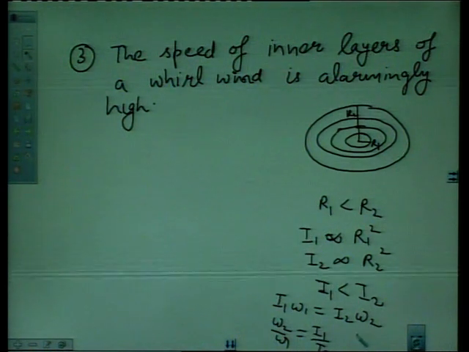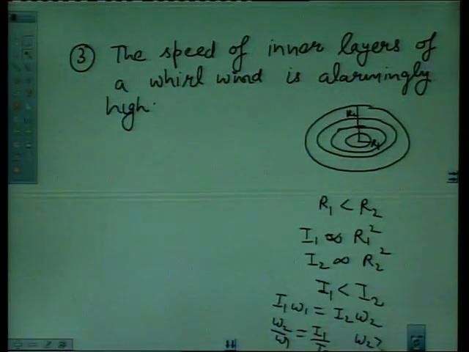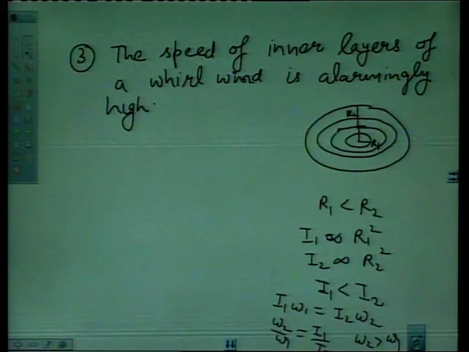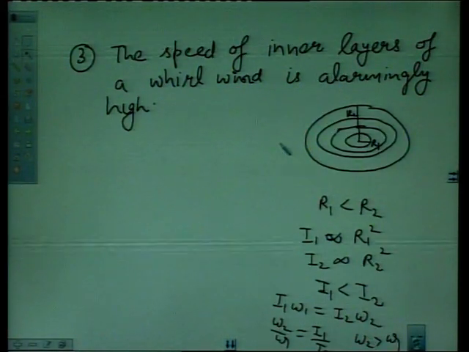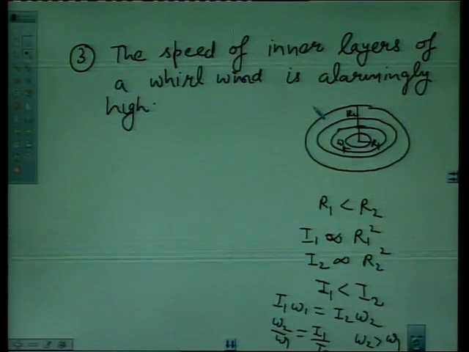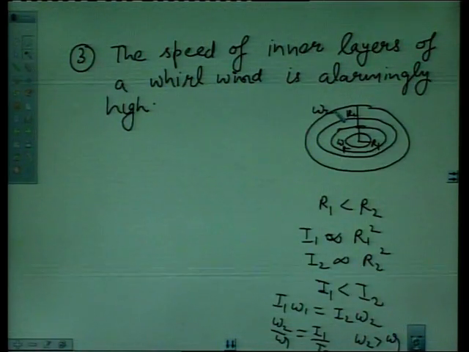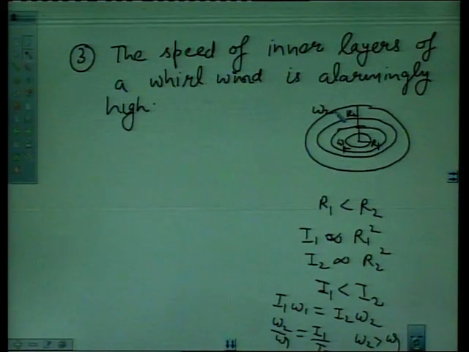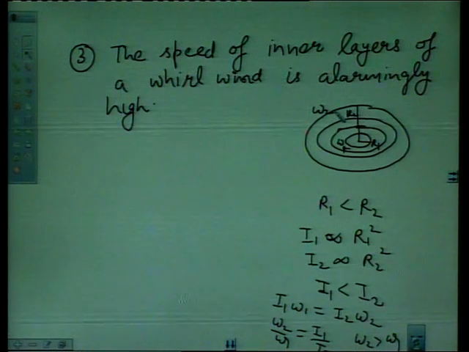So, omega 2 is greater than omega 1. It means the innermost layers have angular velocity omega 2 and the outermost layers have omega 1, so omega 1 is less as compared to omega 2.